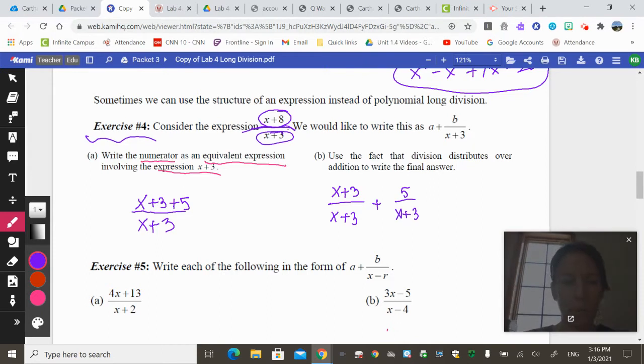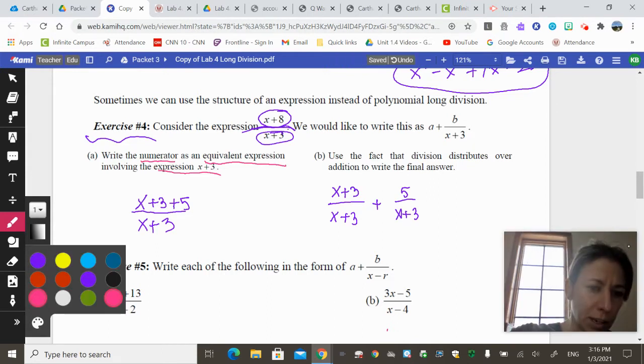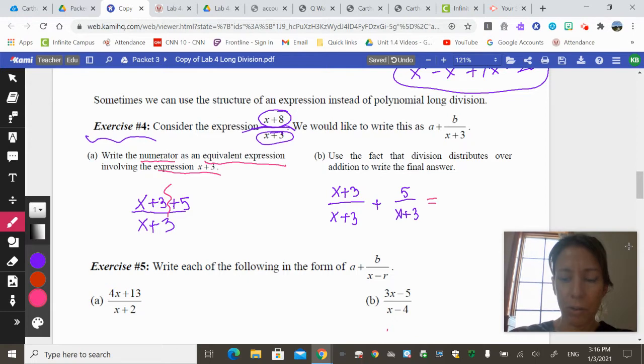We're separating this numerator and putting each piece over its own denominator of x plus 3. If I wanted to add these together, I could, because they have the same denominator. It would be x plus 3 plus 5 over x plus 3. I'm working backward.